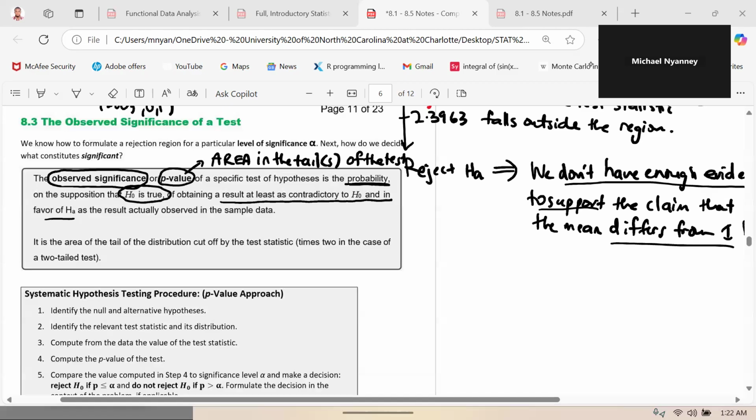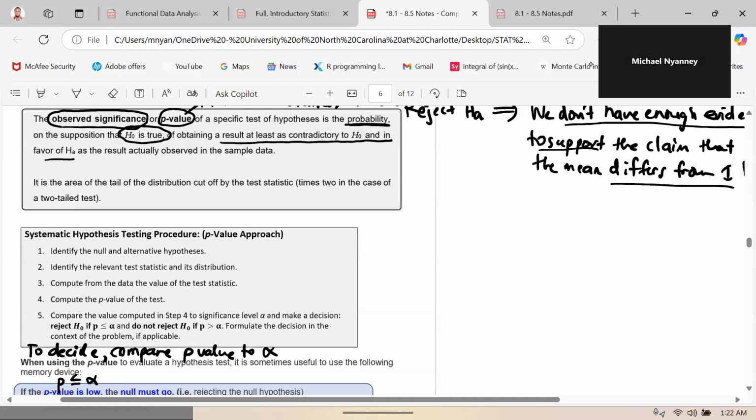For the z alpha or z alpha over 2, first of all, what we needed was the direction under HA or H1, and we needed our alpha to find our z alpha or z alpha over 2. But in the p-value, what we need is the direction under H0 and under HA and the z value. So these are the two things that we need in order to find our p-value, and we can make decisions. So that is the summary.